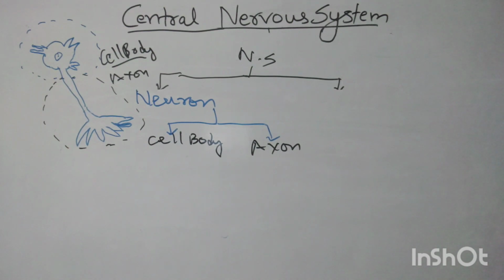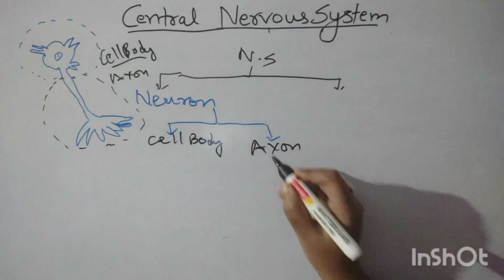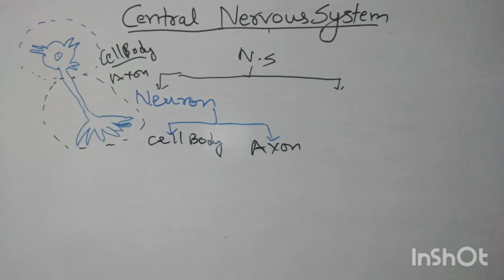Okay, now whenever we study the brain and spinal cord, the terms gray matter and white matter come. What are gray matter and white matter? So gray matter is nothing but these cell bodies. This is the axon, this is the neuron.